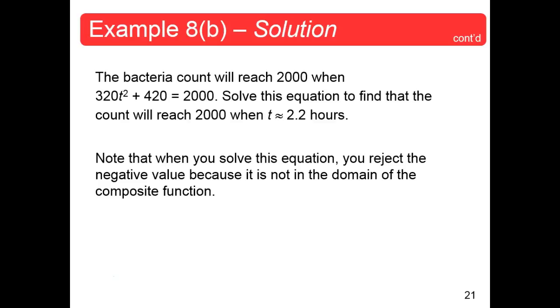It's not the only way, this last part. You could have done this: 320 t squared plus 420. Well, subtract that, sorry. Just like we did, leave it on one side. So let me back off here.